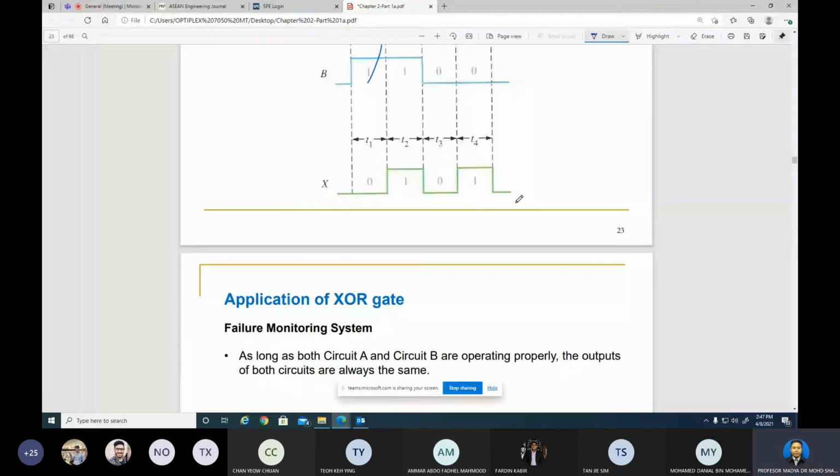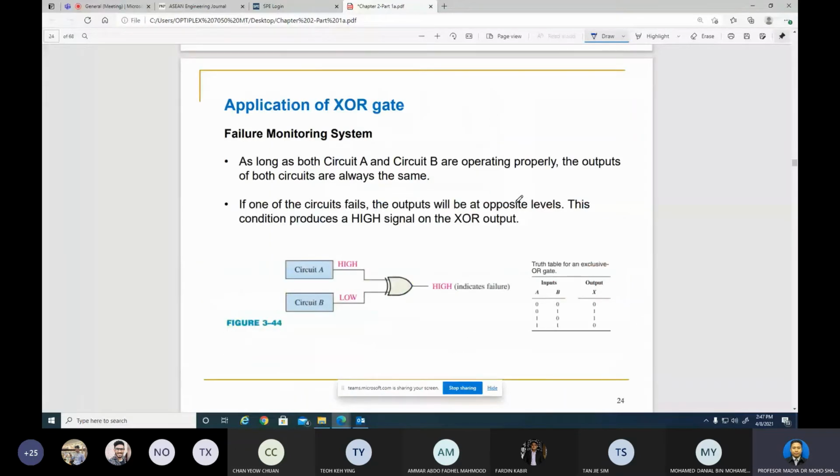Now we go to some applications of XOR gates. This is a failure monitoring system. As long as both circuit A and B are operating properly, the outputs of both circuits are always the same. If one of the circuits fails, the inputs will be at opposite levels.